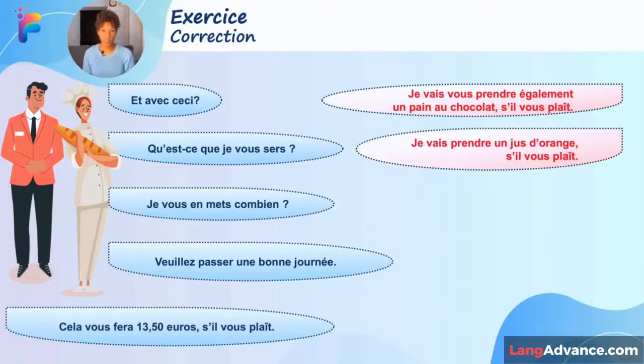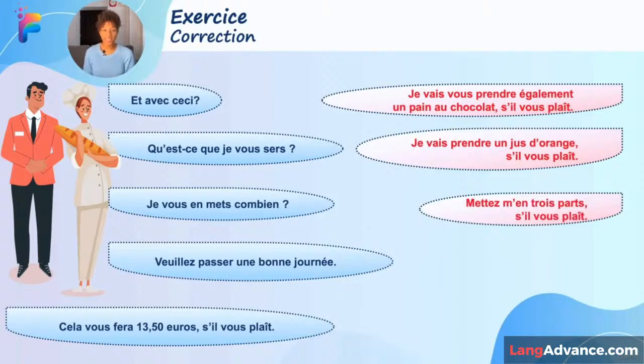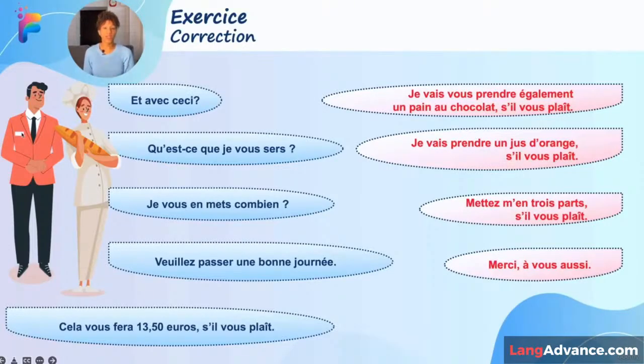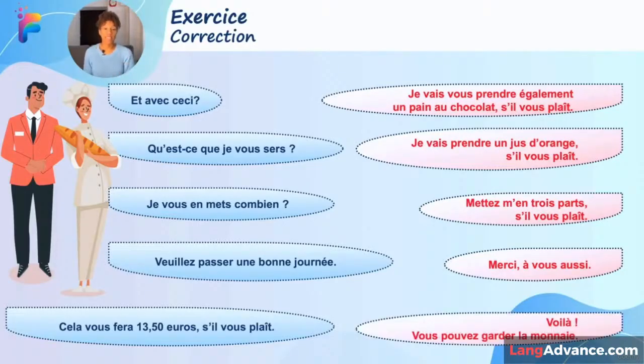The answer was mettez-moi 3 parts s'il vous plaît. To the sentence veuillez passer une bonne journée, the answer would be merci, à vous aussi. And to the last one, cela fera 13,50 € s'il vous plaît, the answer was voilà, vous pouvez garder la monnaie. What's your score? Did you manage to match everything?